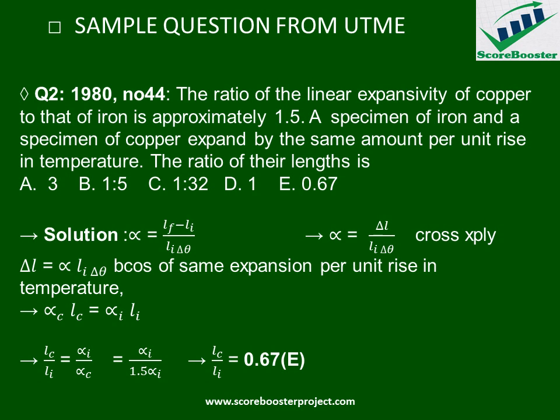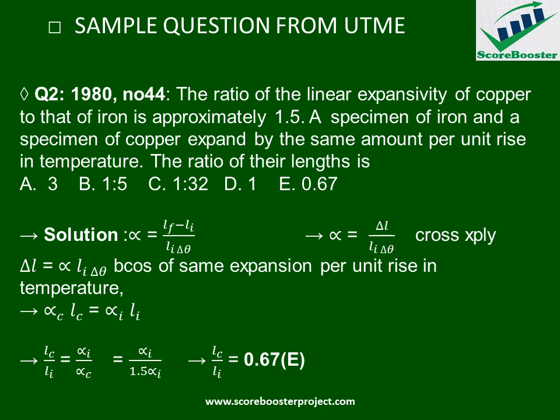And by dividing through, we can have LC over Li equals alpha I over alpha C. I mean, eventually when we collect the like terms, making L be on one side and alpha on the other side, that will give us the initial length of copper over initial length of iron will be equal to linear expansivity of iron over linear expansivity of copper, i.e. LC over Li will be equal to alpha I over alpha C.